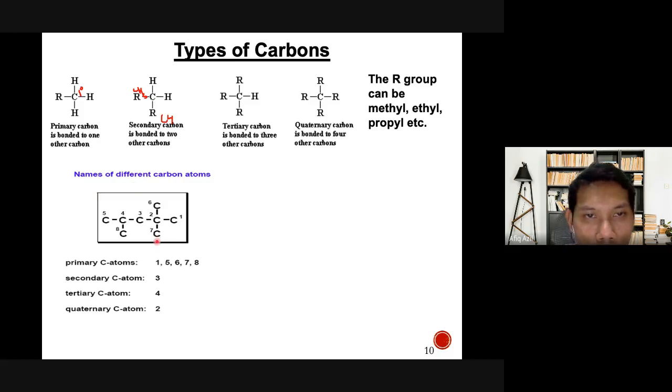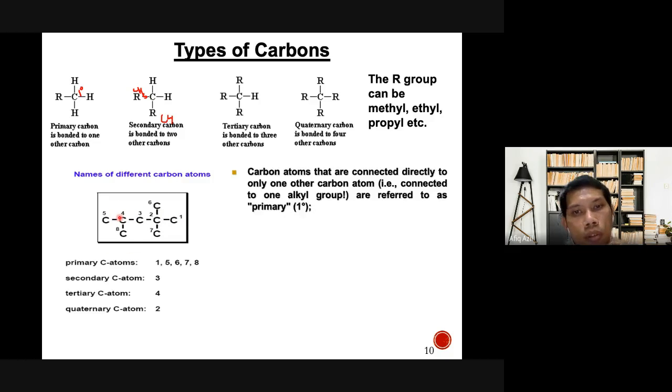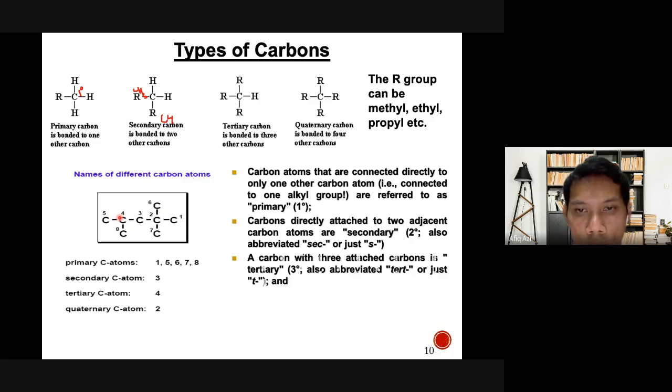So here is an example. You have several types of carbon over here. The carbons are labeled as 1, 2, 3, 4, 5, 6, 7, 8, based on their priority.